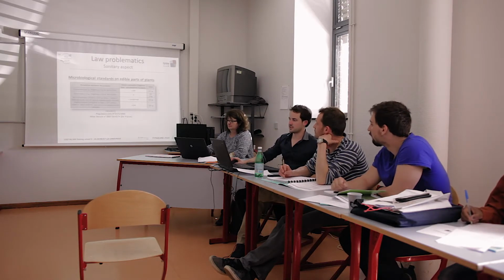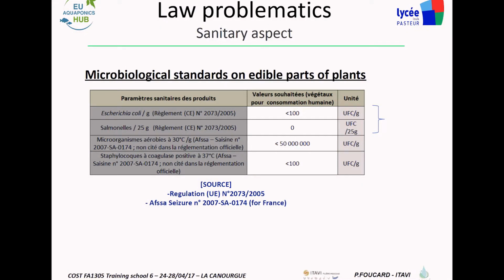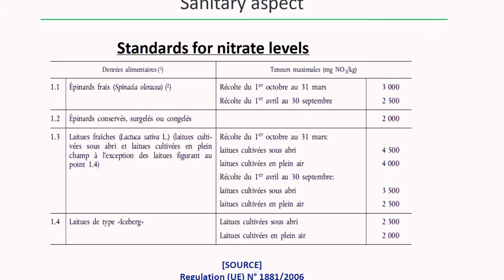Then there is a sanitary aspect. You have some rules on the plants you want to sell, so you have to check if you don't have Escherichia, Salmonella. Based on our experience, there are no problems with aquaculture effluents for these parameters. Also there is a standard for nitrates level.